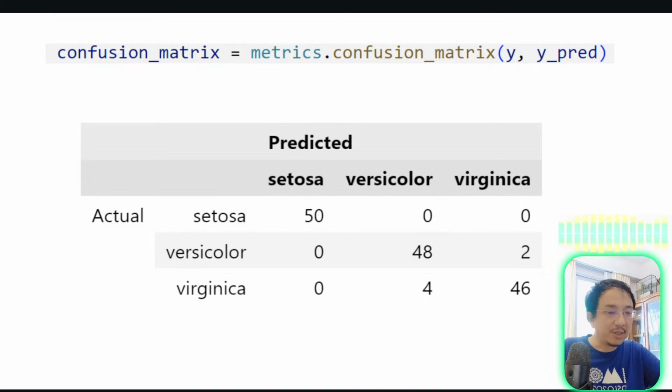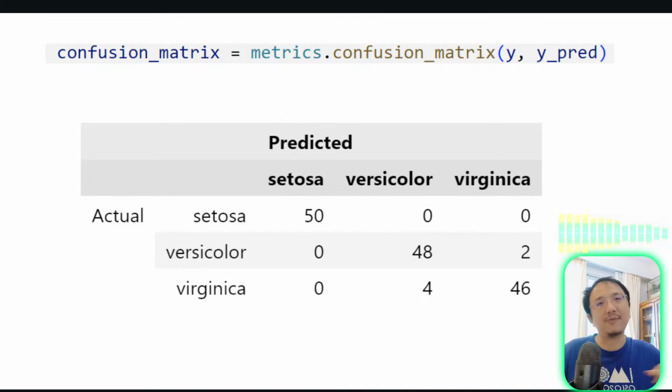So false positive means your prediction is positive, but it is wrong. And false negative means your prediction is negative and your prediction is wrong. So false negative always means your prediction is negative, and false positive always means your prediction is positive.